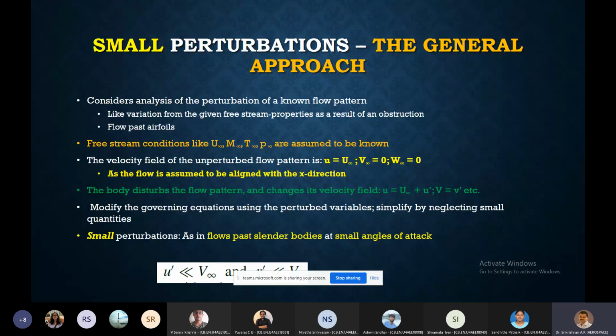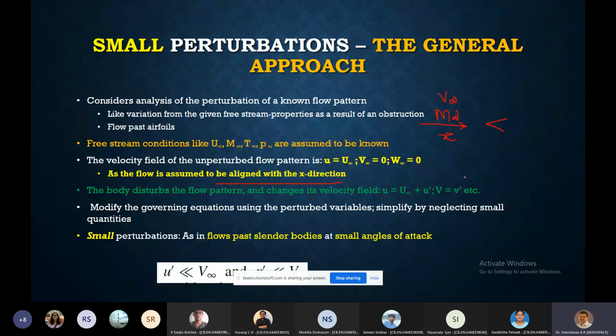That is, if I have a body like this, and I have the approaching flow coming like this. All that I am saying is that the main flow or the undisturbed flow is along the x-axis.